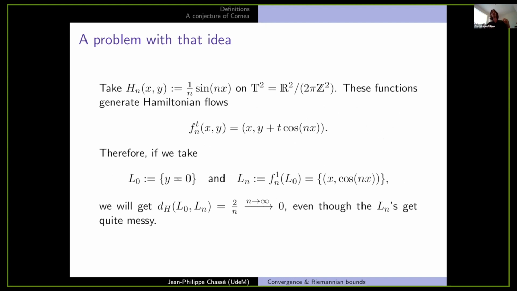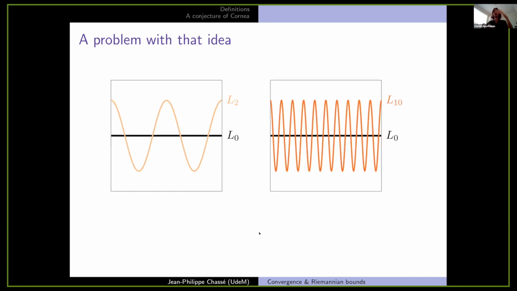If I take a straight line to be L0, and I take Ln to be the image by this Hamiltonian flow of L0, then Ln will be the graph of this cos of nx, and you can check that Ln indeed converges to L0.